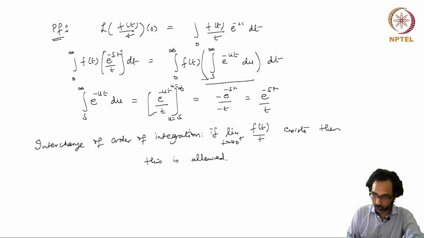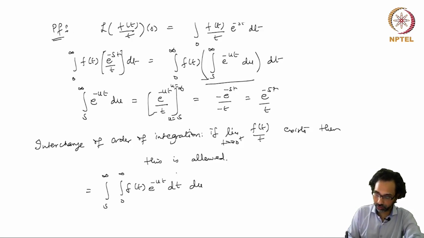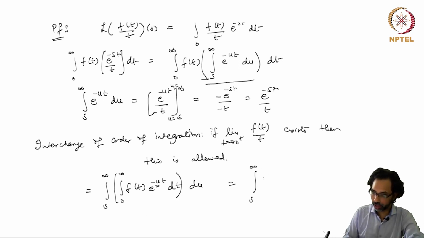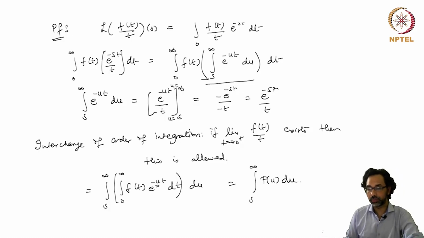And so we can rewrite this as the integral from s to infinity, and then from 0 to infinity f(t) e to the minus ut dt du. Now note that this inner integral is simply the Laplace transform of small f(t) evaluated at the point u. So this is the integral from s to infinity of F(u) du.